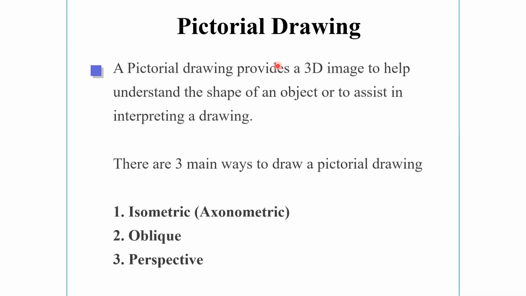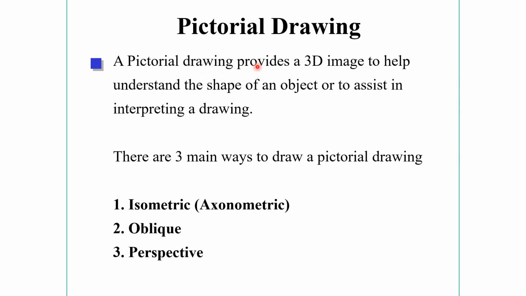Pictorial drawing. A pictorial drawing provides a 3D image to help understand the shape of an object or to assist in interpreting a drawing. There are three main ways to draw a pictorial drawing, to draw a 3D object. How to draw a 3D object is the main objective of this lecture.